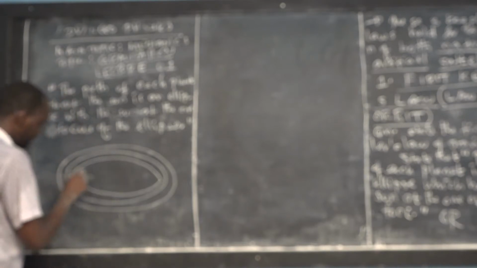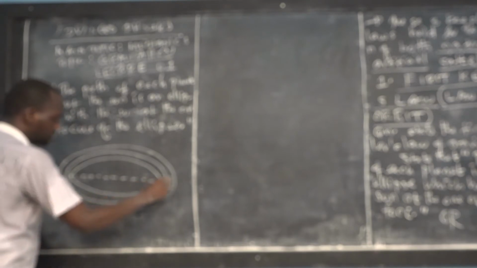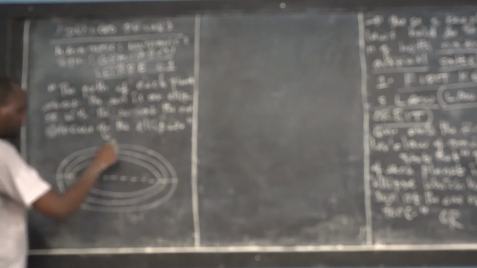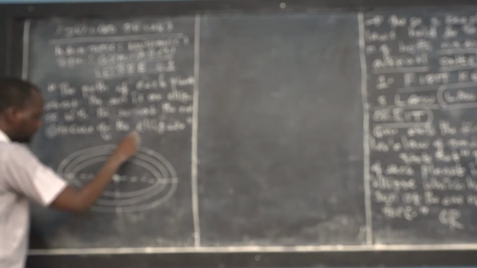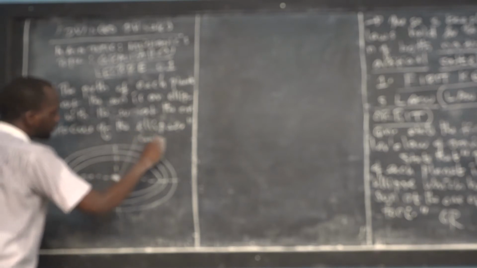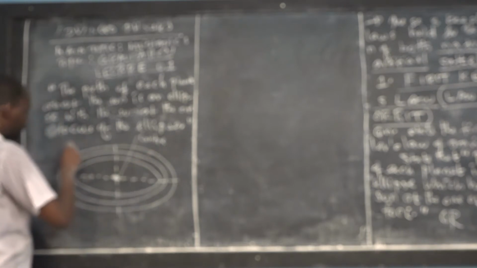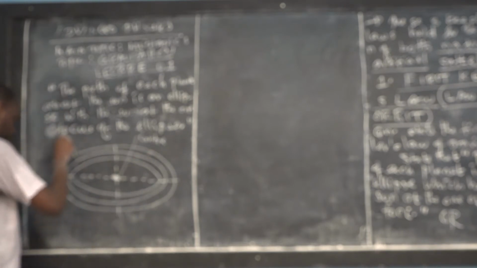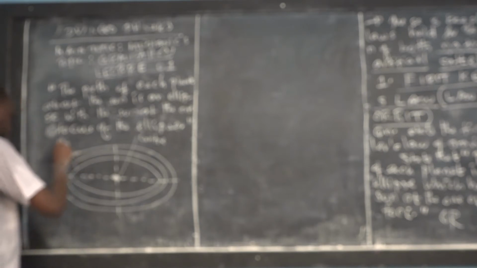And here, this we call the major axis, as in conics. This we call the minor axis. This is the center, so remember that this dot is the center of the orbit. These three, 1, 2, 3, we call planets' orbits.